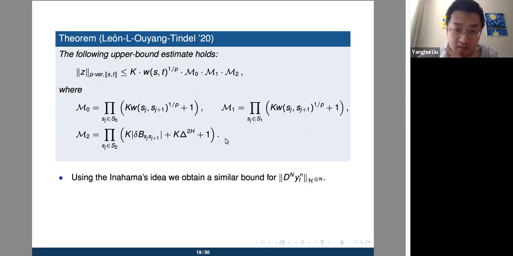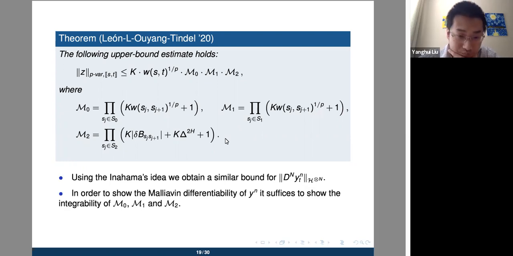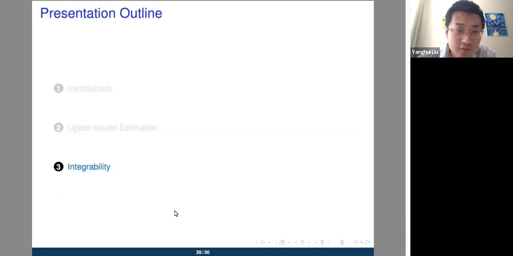Yeah, that's exactly what I'm going to show next. In order to show the Malliavin differentiability for Y_n, it suffices to show the integrability of these three quantities. Let's talk about the integrability.